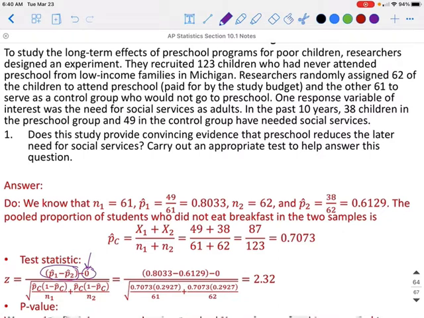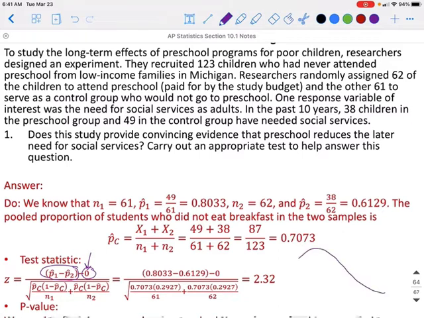If we do the actual p hat 1 minus p hat 2, we're going to subtract 0 over the standard deviation where we use our pooled values. So we're going to do the probability of success for the pooled population, 0.7073, times probability of failure all over the sample size for population 1, plus probability of success times probability of failure for the pooled data all over the sample size for group 2. And that's going to give you a z-value of 2.32.